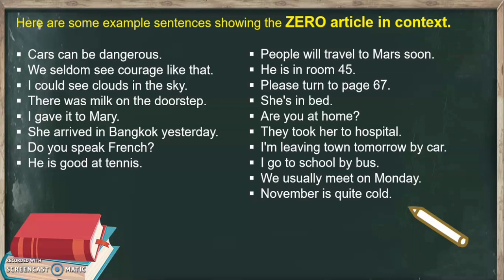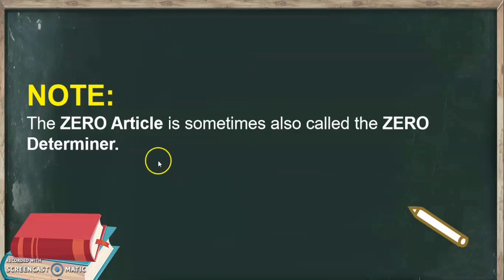So I just wanted to explain it very quickly. I have a little note here: zero article is also zero determiner. So when you see zero determiner and zero article, don't be confused. They're the same thing. People prefer to say zero article, some books say zero determiner. They're the same.